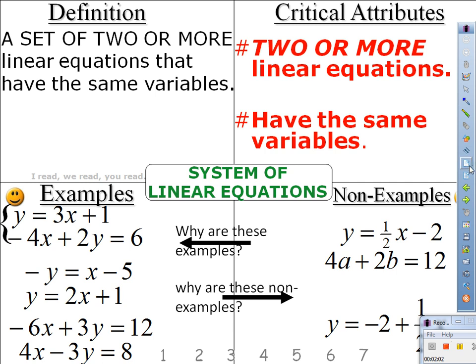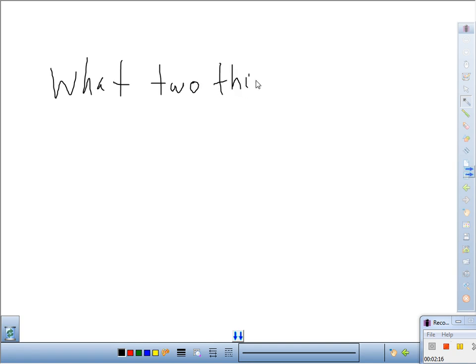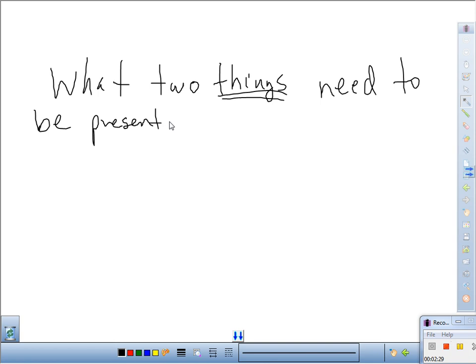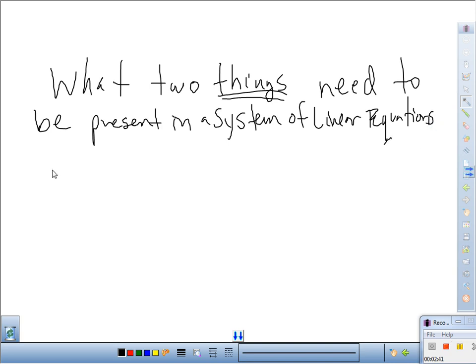All right. Go to the summary section. In the summary section, I want you to write this question: What two things need to be present in a system of linear equations in order to solve by elimination?